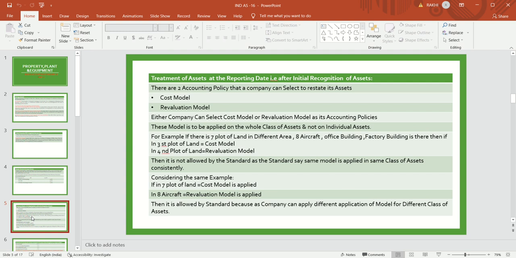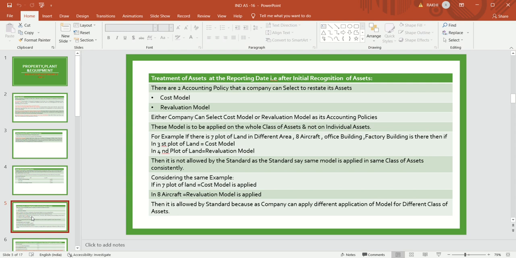So if the company uses the cost model for that class of asset, then it will use the cost model only for those 5 buildings. And if there is a factory building of different nature and use, and they are using the revaluation model on that asset, then they will use the revaluation model only.